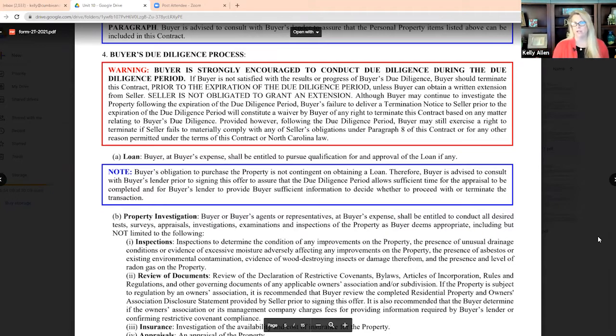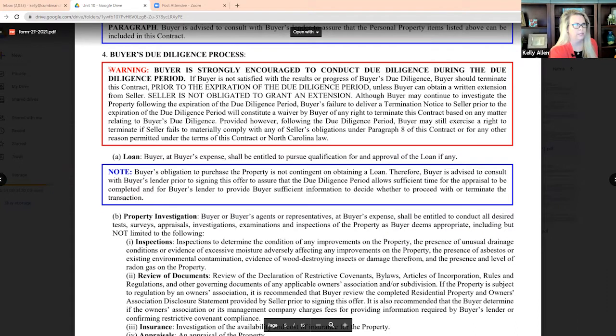It's up to them for any reason or no reason. That's how it rolls out here in North Carolina. If the buyer decides to back out of this contract, they will get their earnest money back, but not the due diligence fee.